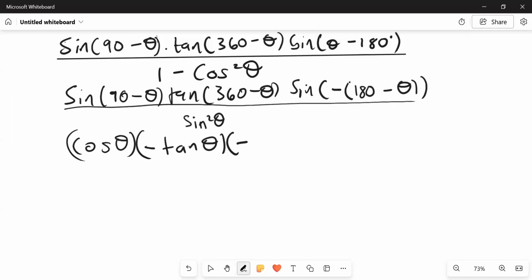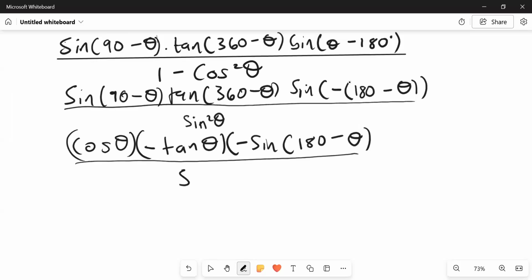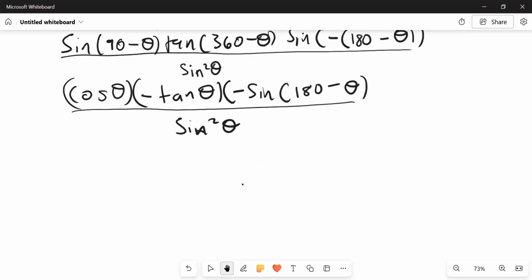So that's your sine of 180 minus theta. I hope you're still moving with me. So this is sine squared theta. Now, let me close the bracket again. So you have your cos theta.